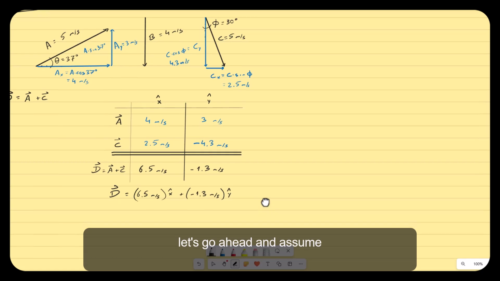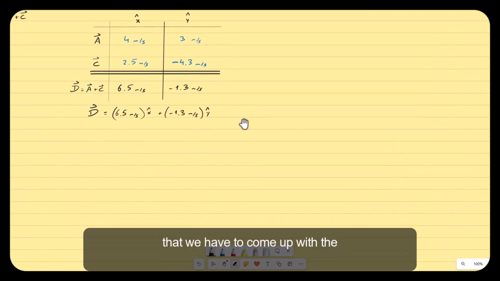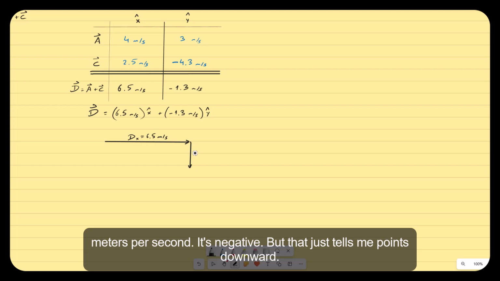Let's go ahead and assume that we have to come up with the reconstructed vector. Dx is 6.5 meters per second. Dy is 1.3 meters per second. It's negative, but that just tells me it points downward.